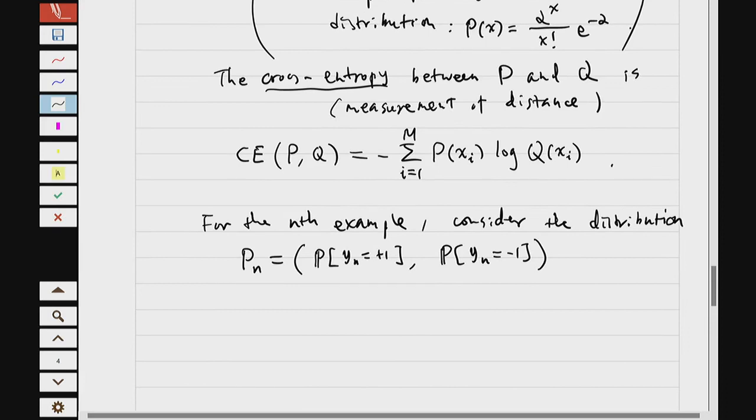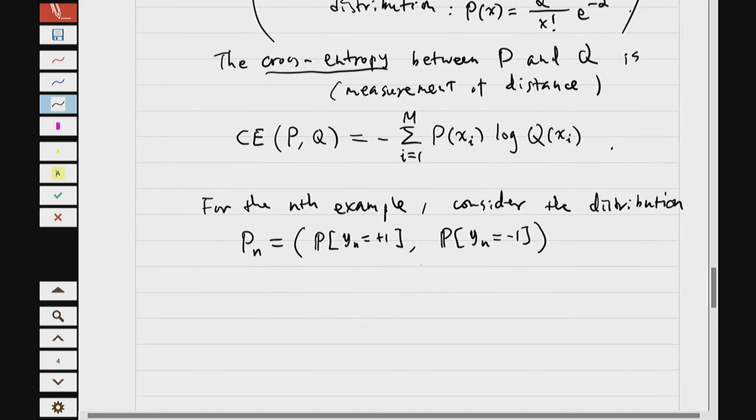We only have two different values for this label, either +1 or -1. So this distribution also only has dimension 2. Two possible probabilities, and of course they have to sum to 1 always. So this is the distribution of the true label, yn.